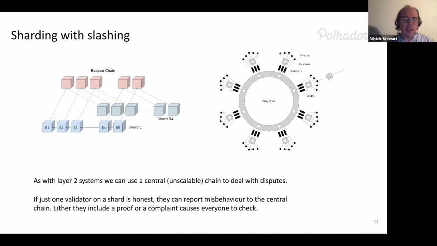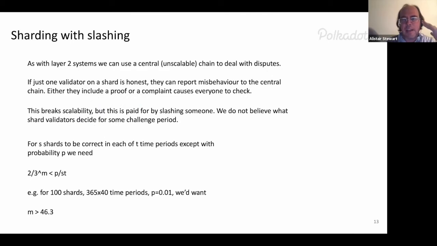Now, maybe they could include a short proof that something bad happened, but even if they can't, a single complaint can maybe cause everyone to check, and this would break our scaling, but it wouldn't break our scaling too badly, because either everyone will agree that this block is valid, or this block is invalid.